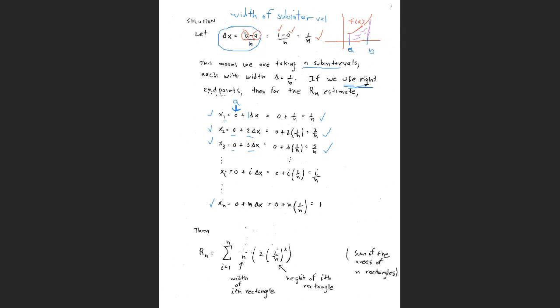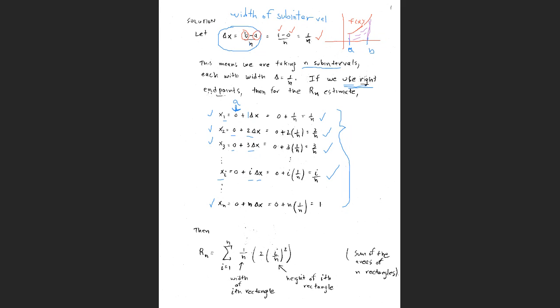And this is consistent. If you look at the last example, if you look at the values of x1, x2, x3, x4, you can use this approach that I'm showing you. It really is the approach; I'm just generalizing it here. So x sub i would be 0 plus i times delta x, which equals i over n.